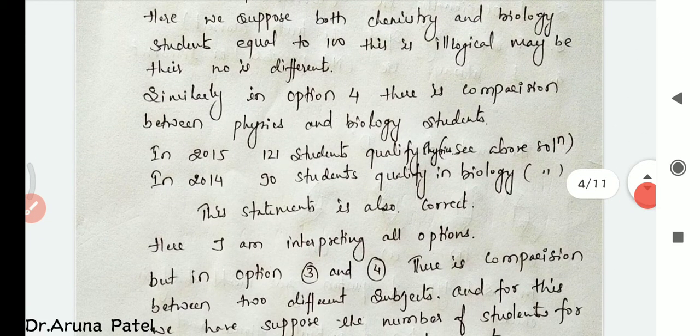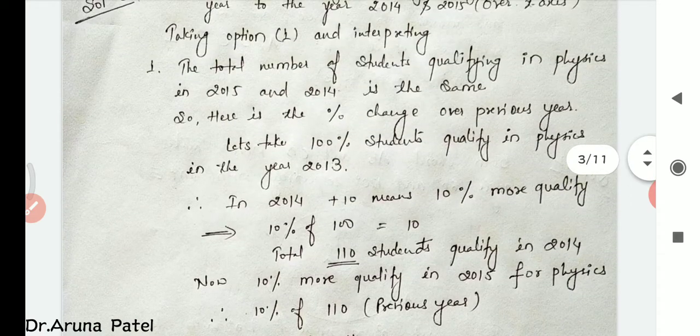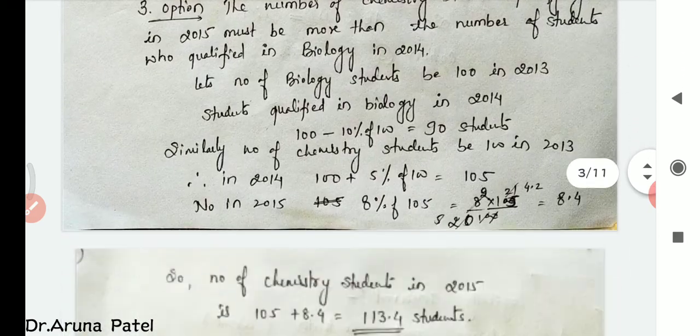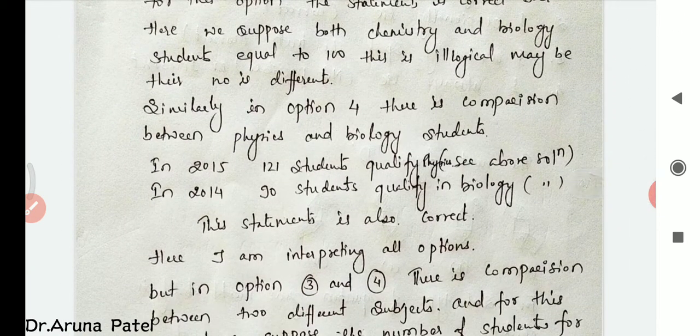Now similarly in option number 4 there is a comparison between physics and biology students. In 2015, 121 students qualify in physics. See in the above solution how many physics students qualified in 2015: it is 121. And in 2014, 90 students qualified in biology, which we solved from option 3.